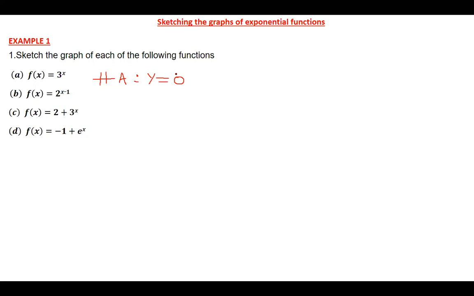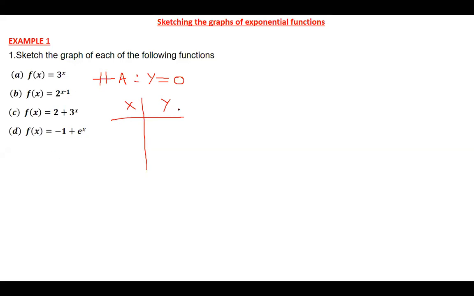Now we draw the table of values that is going to help us to sketch. We put our x and our y on that side. Let us find simple, small numbers that we're going to use to sketch, numbers that will just help us know the direction the curve is going to move.